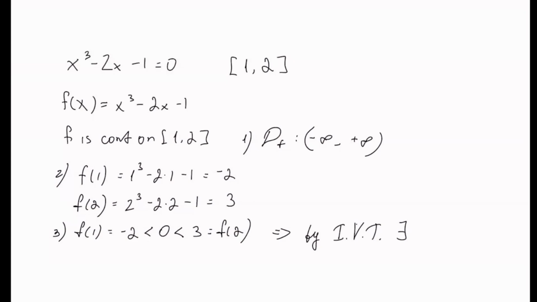There exists a c in 1 to 2 such that f of c equals n equals 0. Therefore, the equation x cubed minus 2x minus 1 equals 0 has at least one solution between 1 and 2.